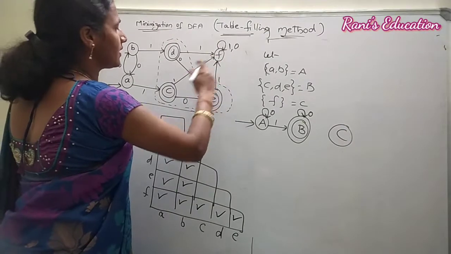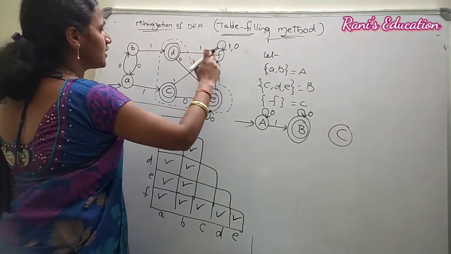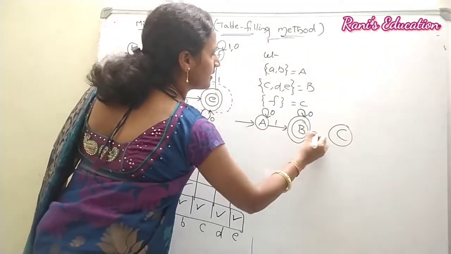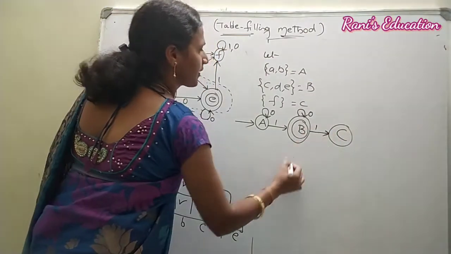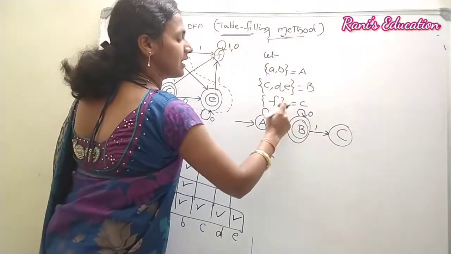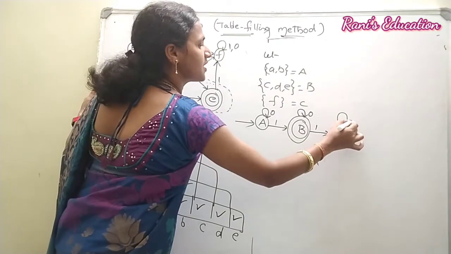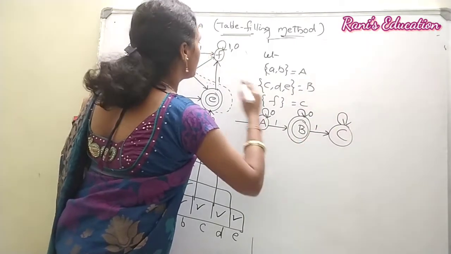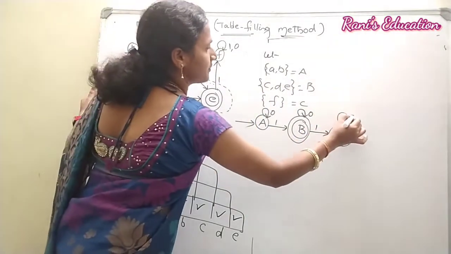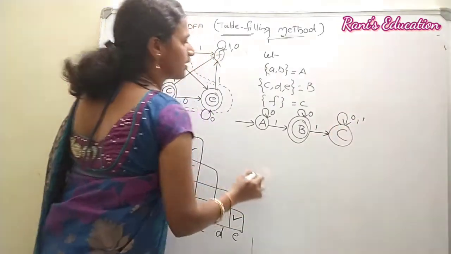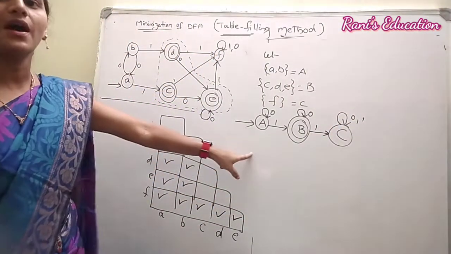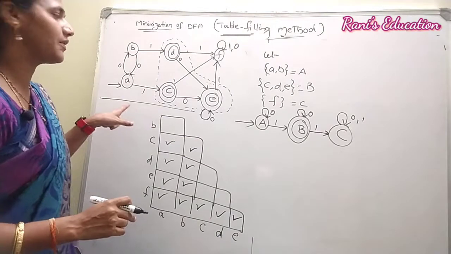With respect to 1, C with 1, D with 1 and E with 1 will reach the F state, that is C. What about C here? F. What is F with 0? F only. F with 1? F only. That is 0, 1. So this is the minimized DFA for the given DFA.